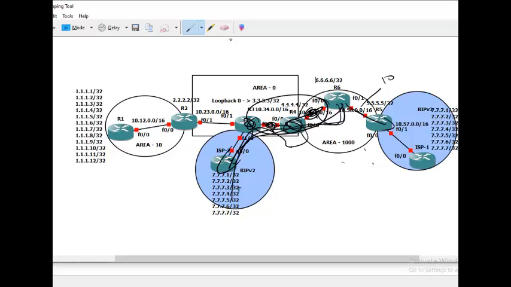You prefer to exit from all these routers this way. You don't want area 1000 to go via area 0 when the cost is 10 here.